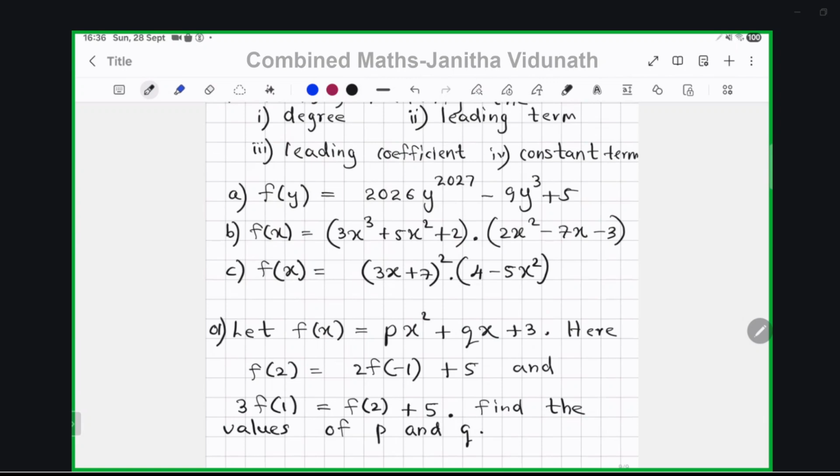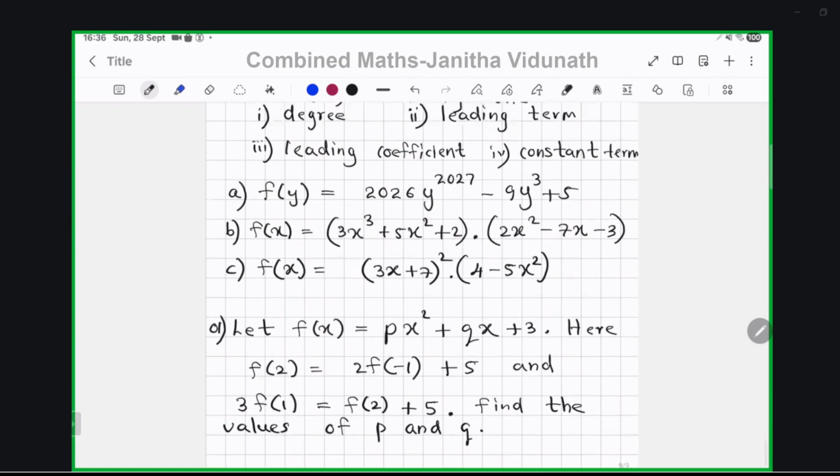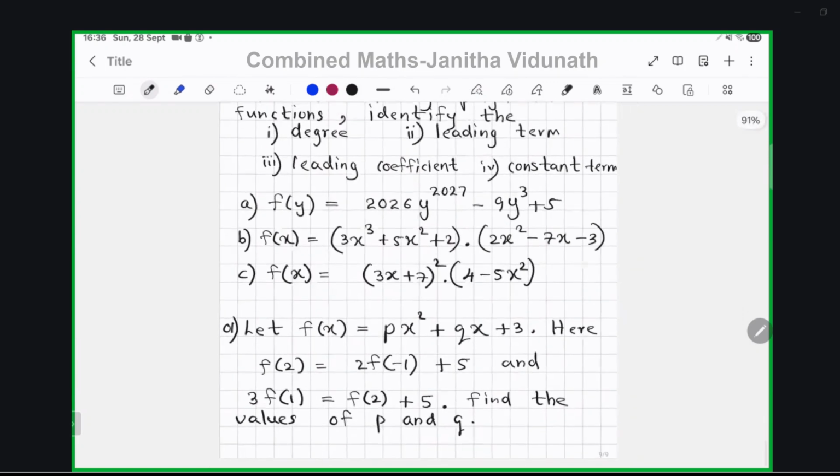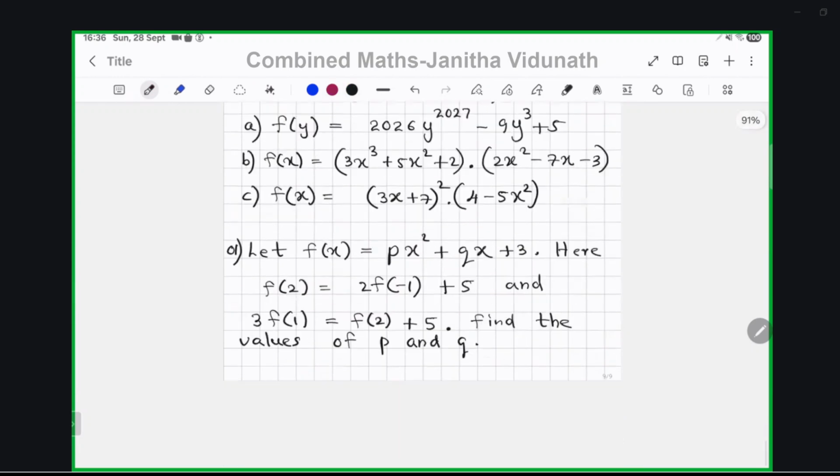Based on those data, try to find the values of p and q. The students who have already finished those three questions, try to answer this question. Now I am going to explain the answers for the previous question.